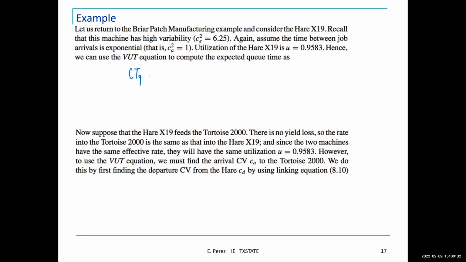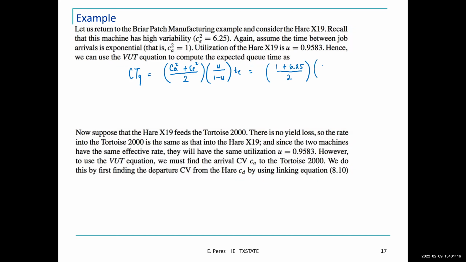CTQ will be equal to CA squared plus CE squared divided by 2, times U divided by 1 minus U, times TE. In this case, we have 1 for the squared coefficient of variation plus 6.25 for CE squared, divided by 2.